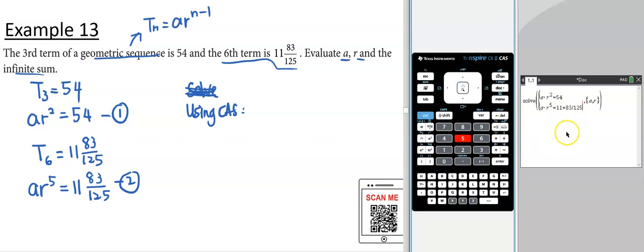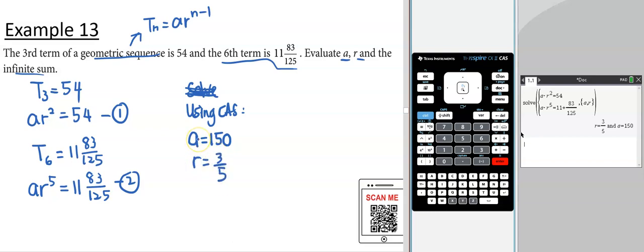So this is how you can put this fraction over here. Everything done, so click enter. You can already get your answer, where your A right now is 150, your R is 3 over 5.